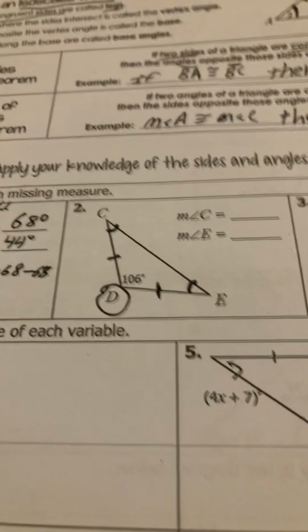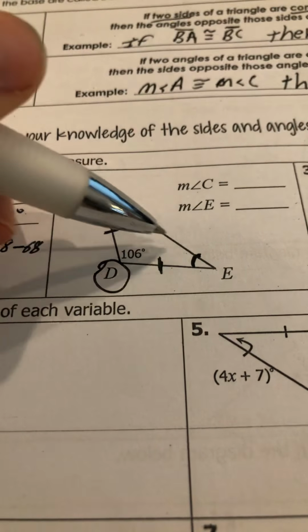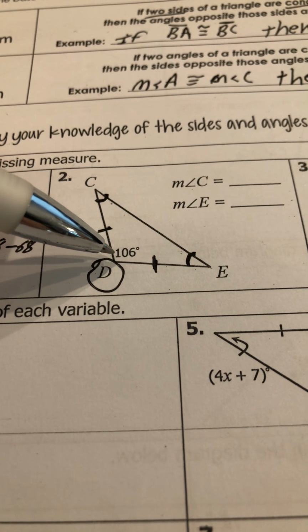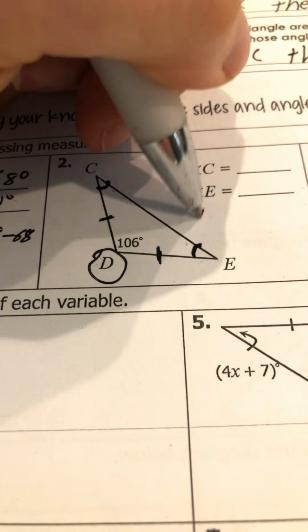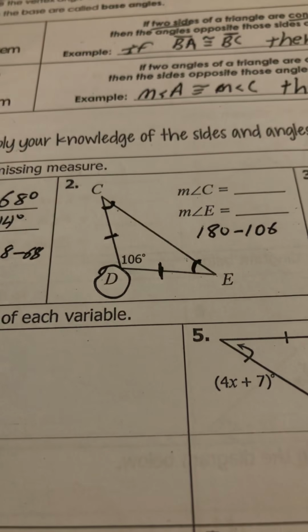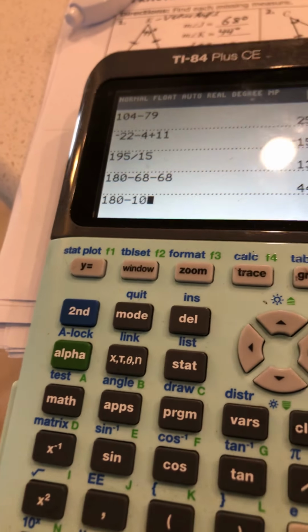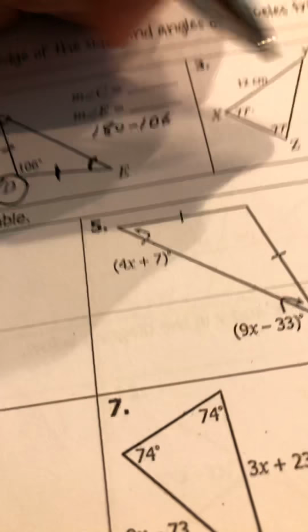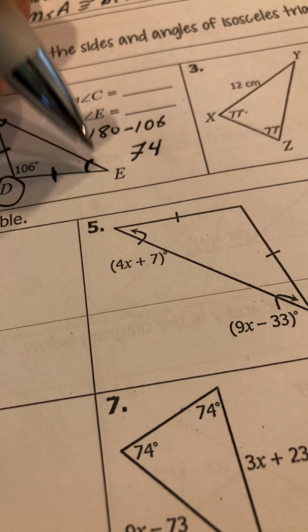So they're going to have the same exact measure. All right, now thinking about this angle plus this one should be 180. So if I take 180 and subtract my 106, I'm going to do that in the calculator. I believe it should be 74. Yep, 74. Okay, so that means that there's 74 degrees divided equally between the two of these.